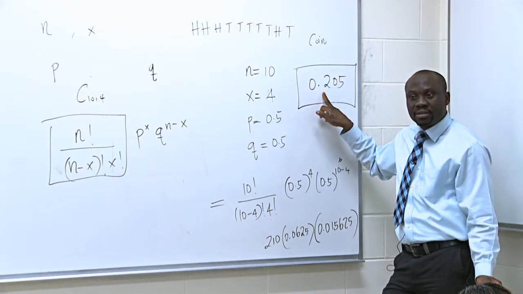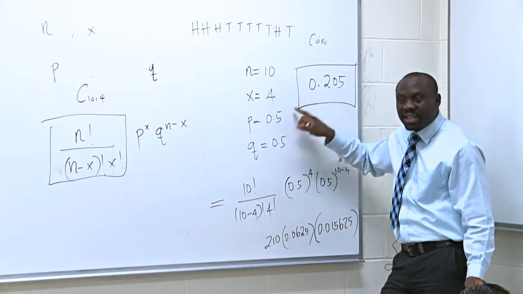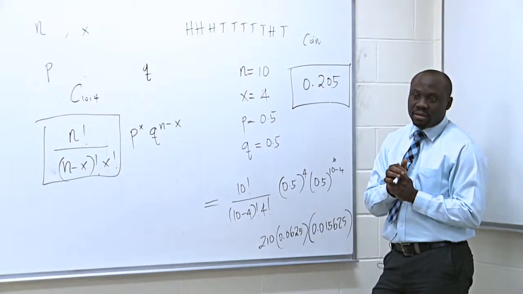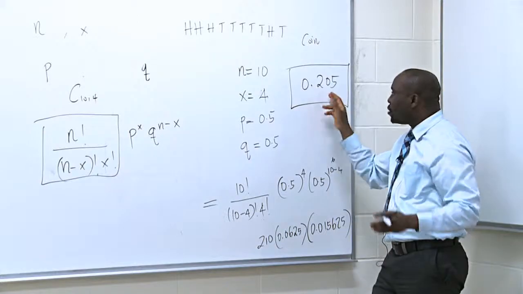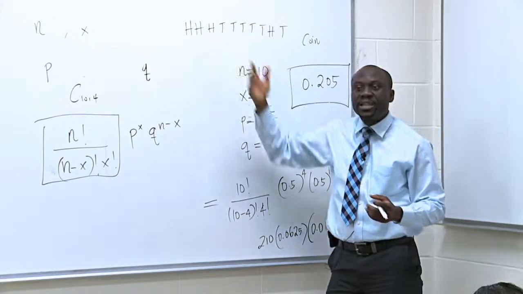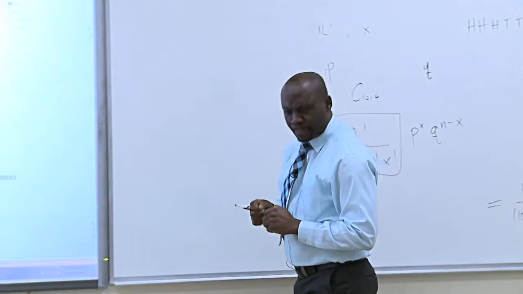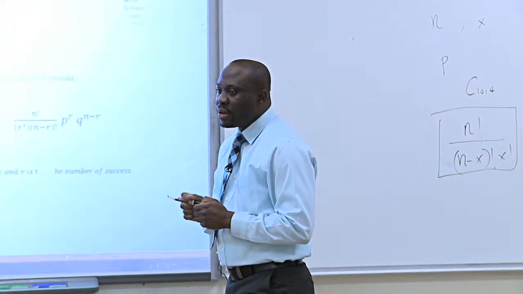Only a 20% chance that 4 of them will be the success. And if you turn it, the other one will be for tails. So basically, this is just finding out how many times you win.